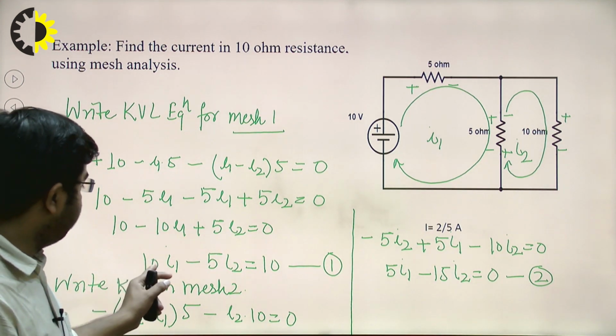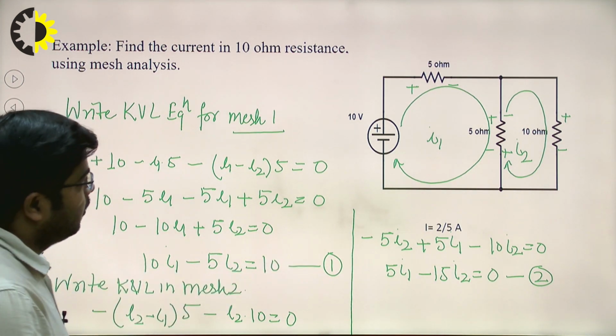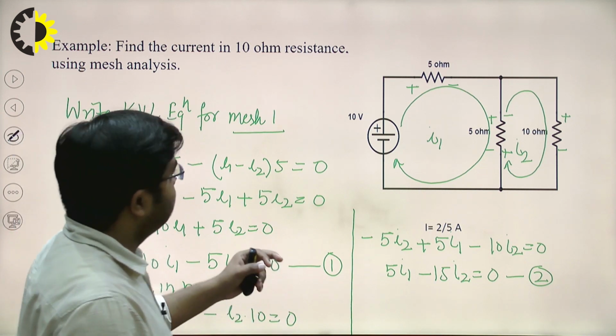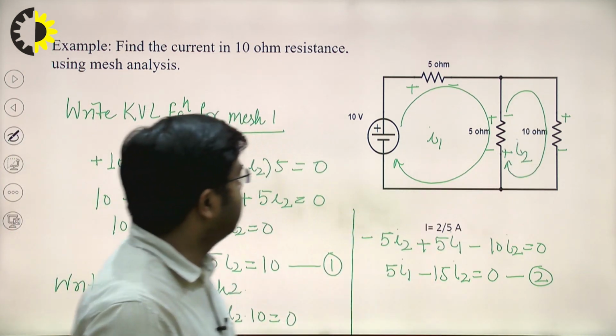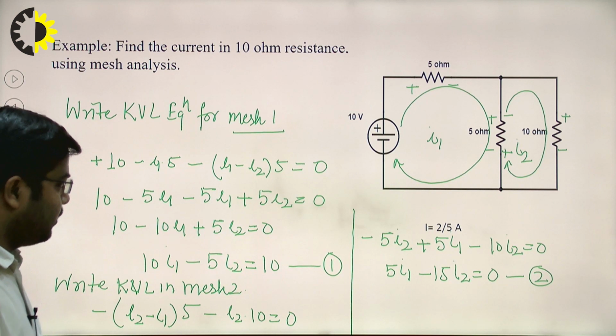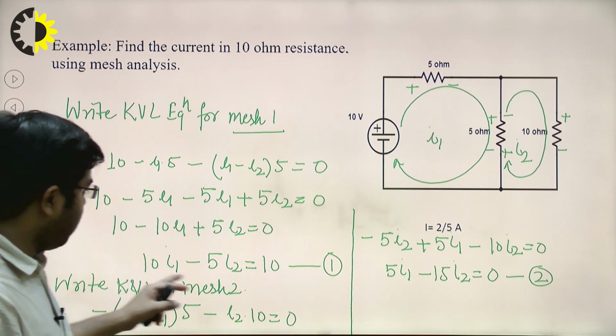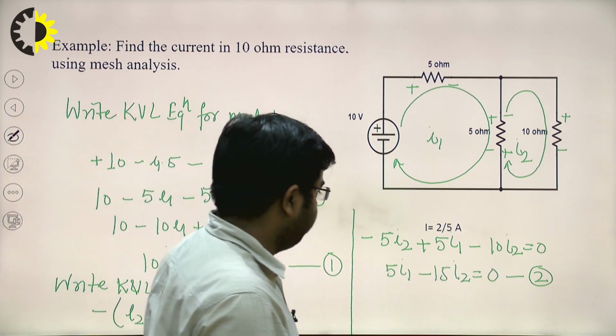So you have this equation and this equation. You have to find out this current I2 through the 10 ohm resistance. So you just solve equation number 1 and equation number 2.